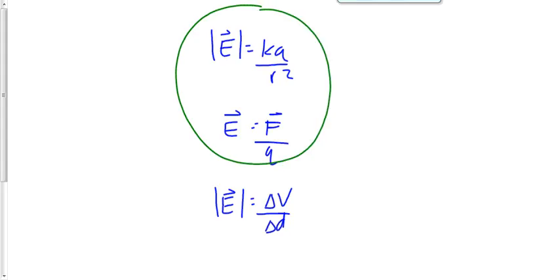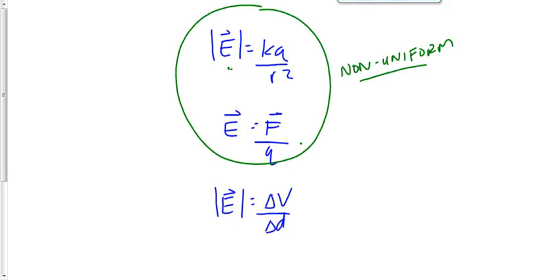And when we draw that green circle around, that's going to represent the equations that are valid in a non-uniform field. If we know something about what caused the non-uniform field, of course, we're going to use this one. If we know something about what experiences a non-uniform field, we're going to use this one.